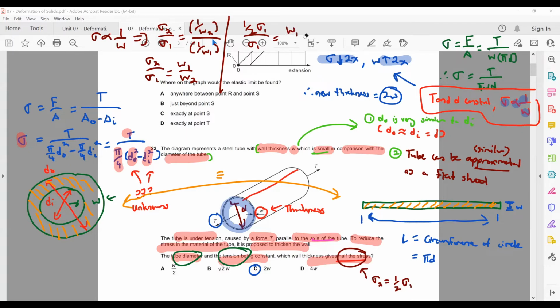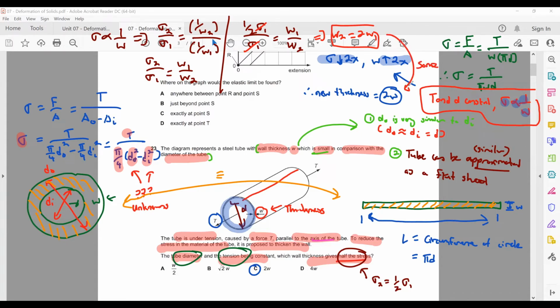Okay. Half stress 1 over stress 1 equals W1 over W2. This will cancel off. Eventually, you get this conclusion that W2 is actually 2 times W1. Okay. You'll be getting the same answer as this also.